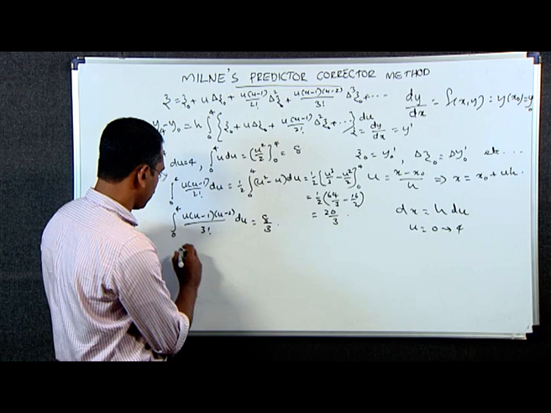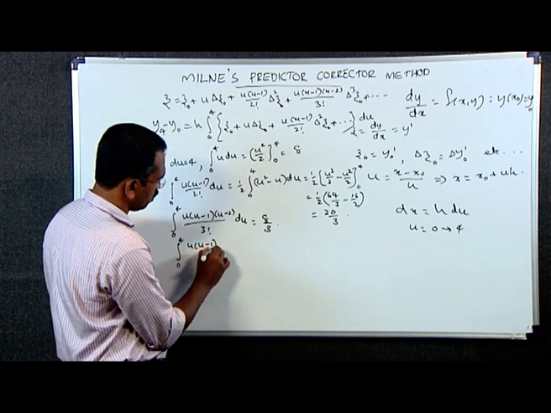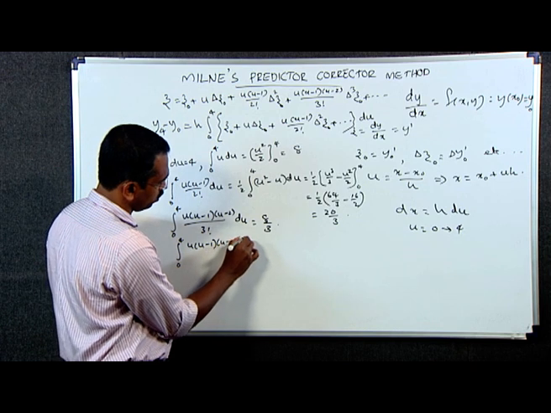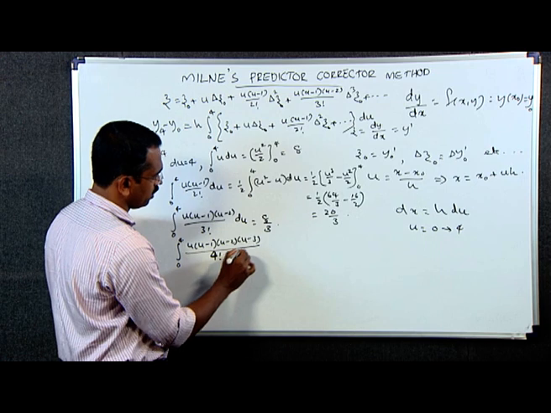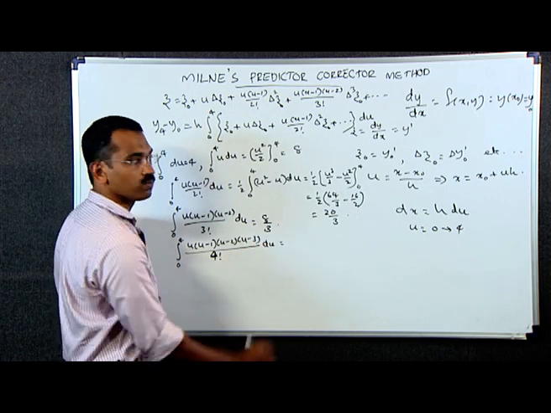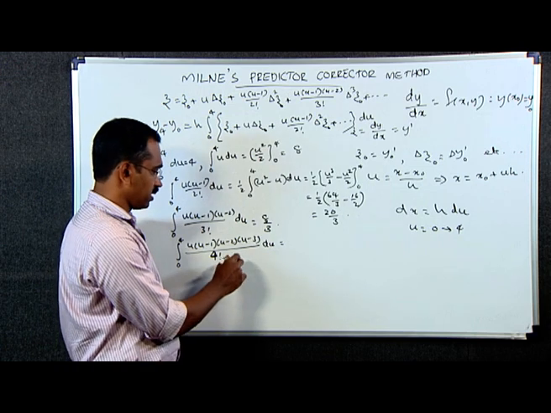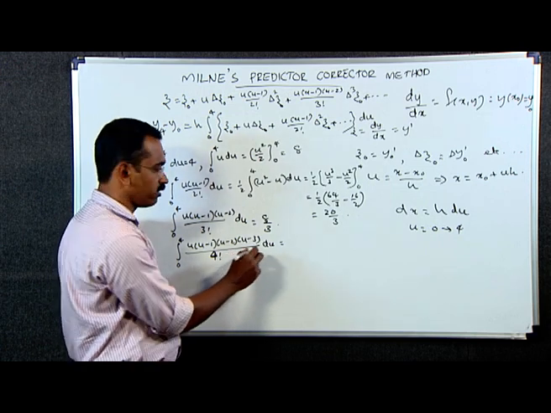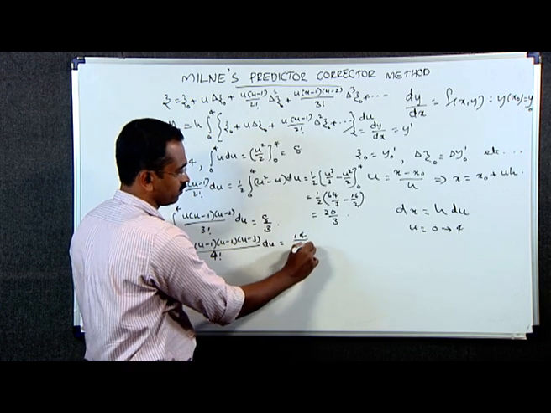The next term is integral from 0 to 4 of u into u minus 1 into u minus 2 into u minus 3 divided by 4 factorial du. On simplification, we will get the value of this integral as 14 divided by 45.